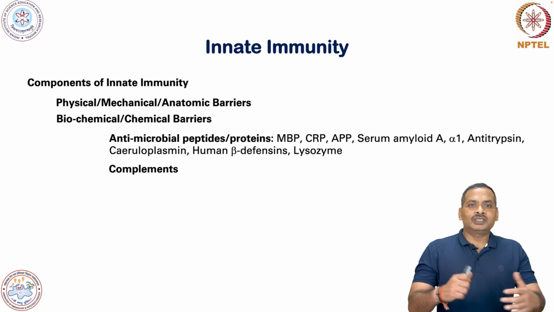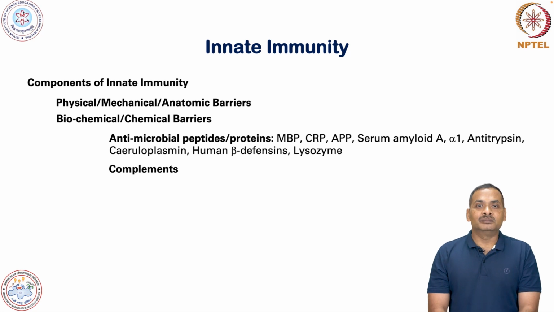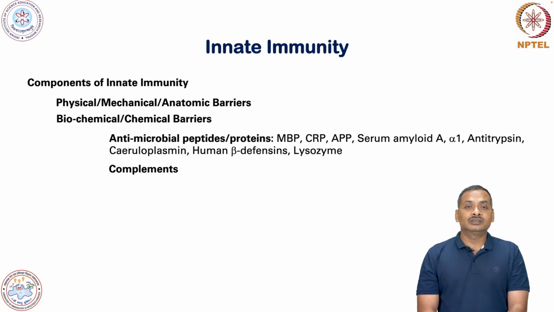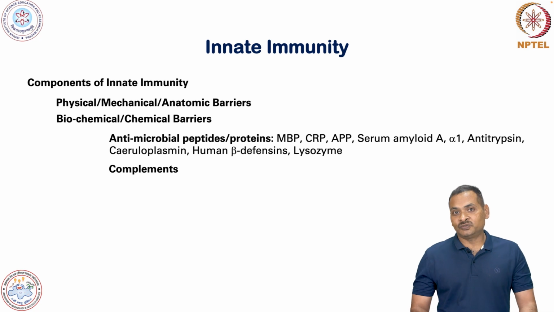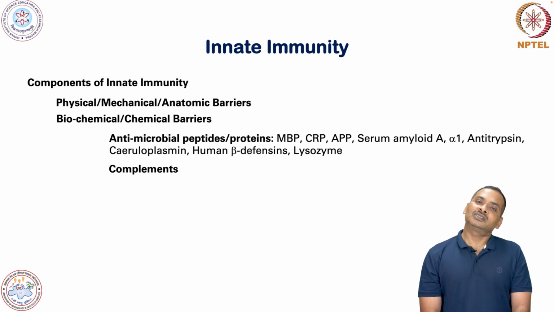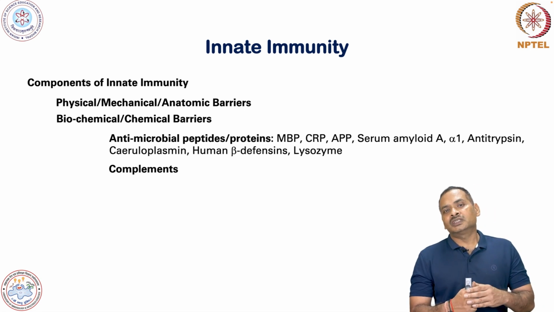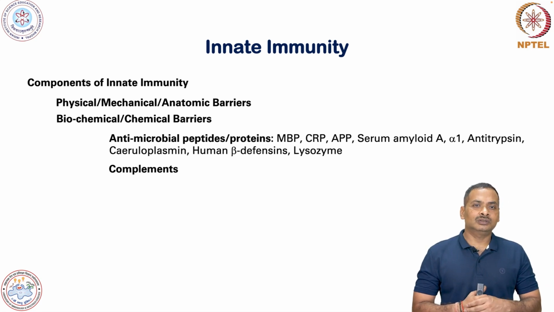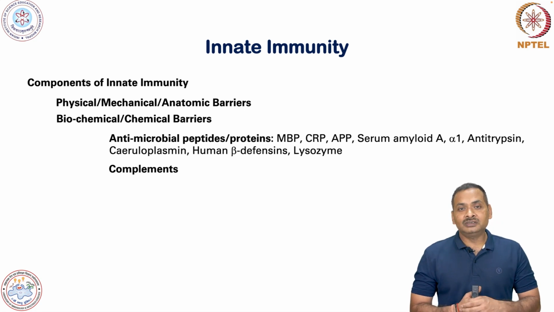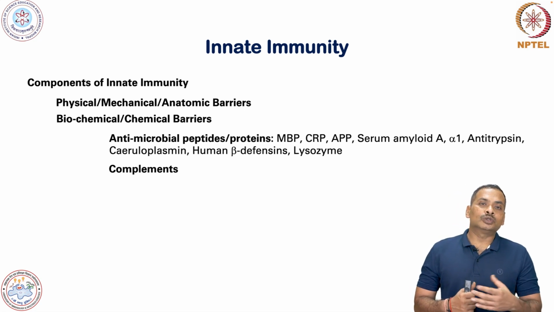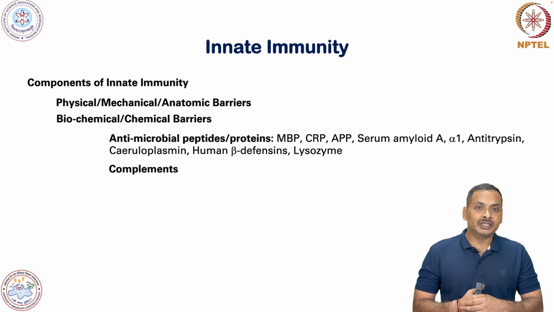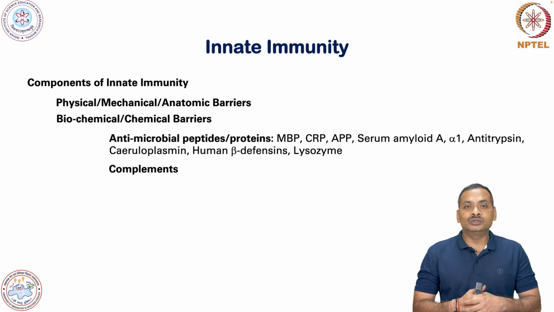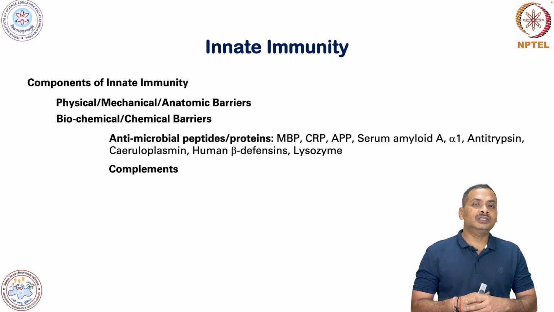Another, the most important biochemical barrier is complement. Complements are a set of proteins synthesized in the liver, and complement basically does three things, which I told you in the previous session also. I will quickly tell them. They induce inflammation, okay. They also opsonize the target microbe so that it will be readily phagocytosed by phagocytic cells, okay.